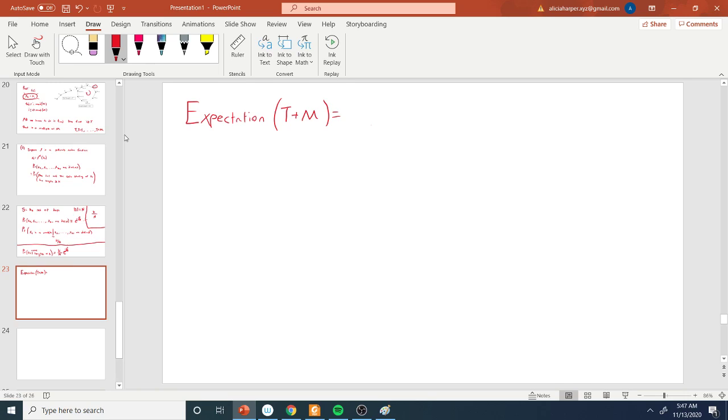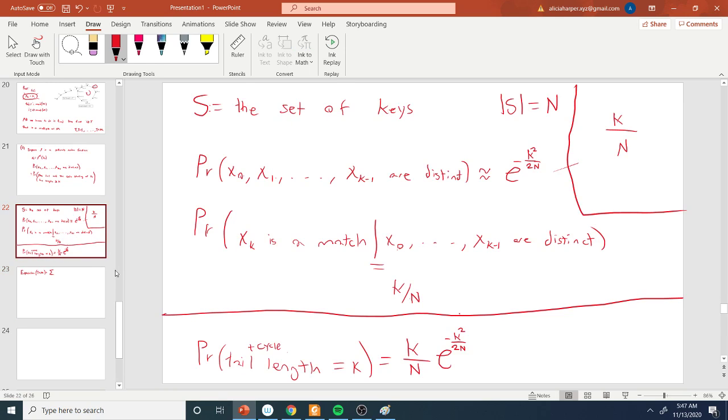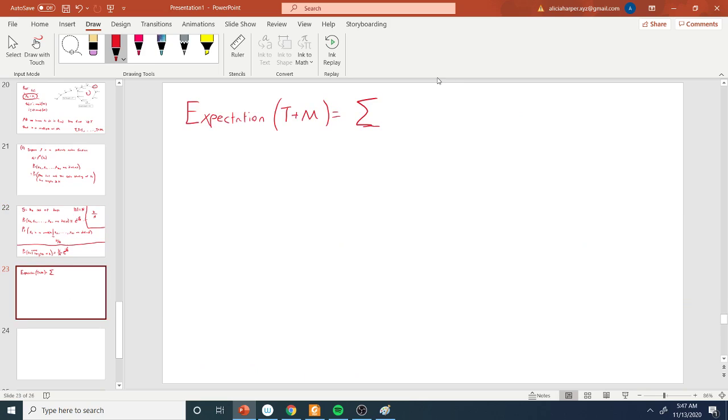This is going to be the sum of the tail length times the probability of the tail length. So k, and I'm going to sum from k equals 0 to whenever, times probability, tail length, or maybe I'll say simply t plus m is equal to k?